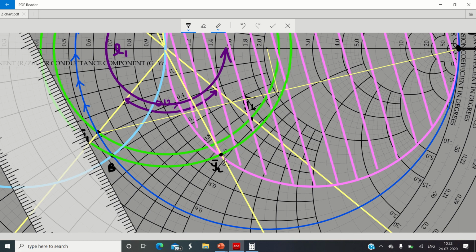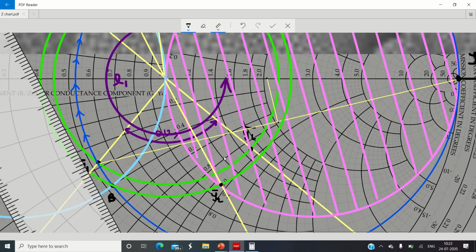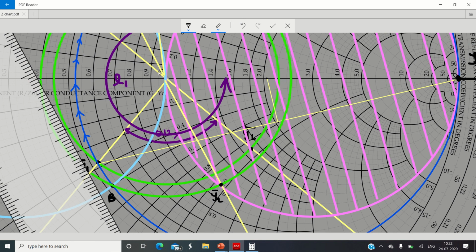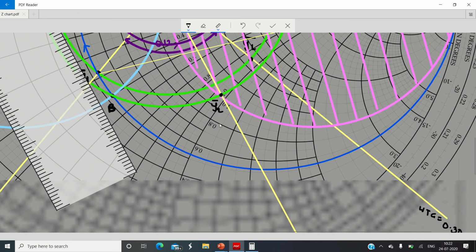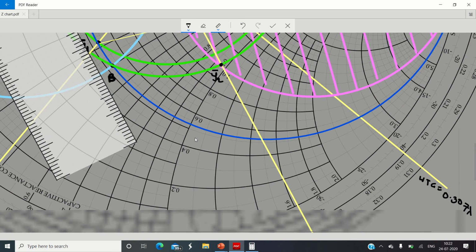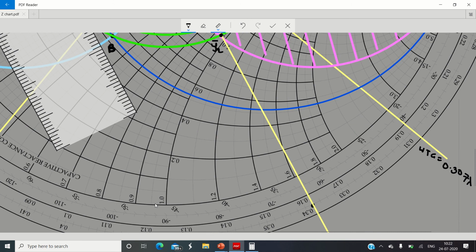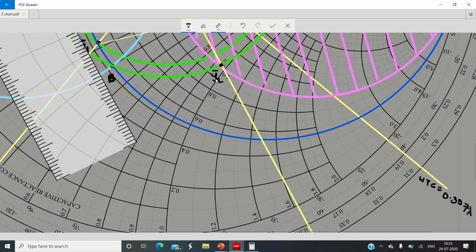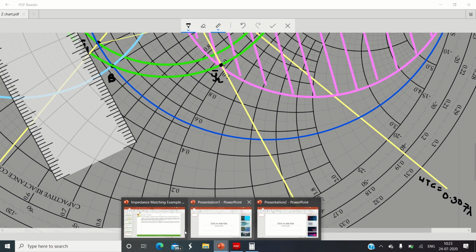At the intersection of this yellow straight line with the VSWR circle, the real part is 1. The imaginary part you can draw in this way, coming down over here. It is between 0.9 and 1, so it is around 0.95.